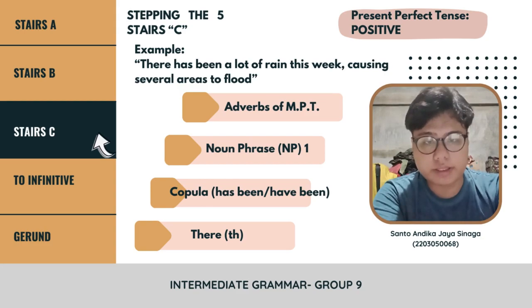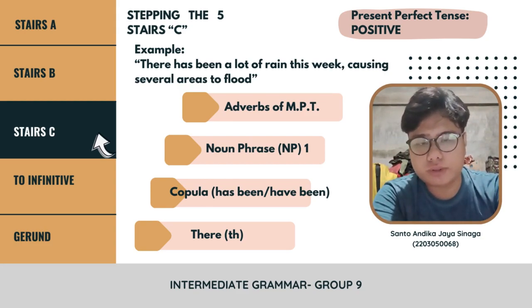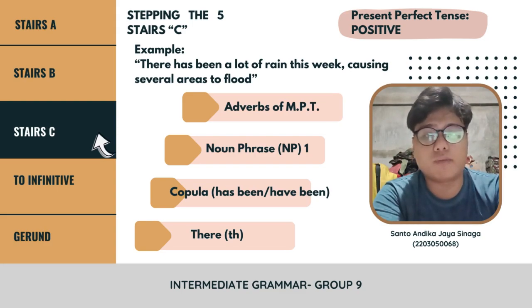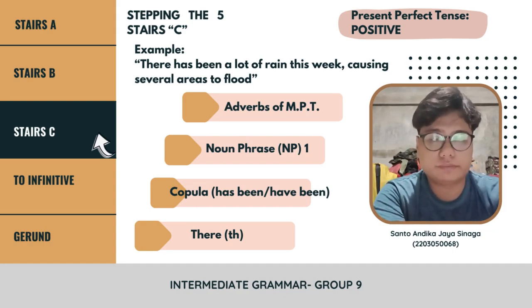After present tense and past tense, we move to the present perfect tense and how to create the positive sentence in present perfect tense. Okay, as we can see on the slides, these are the steps to create the positive sentence.